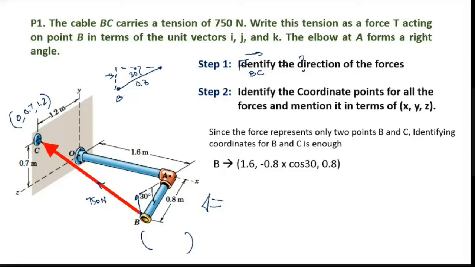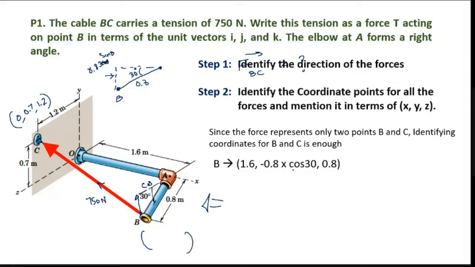So I have to identify this distance. This distance is nothing but 0.8 cos. Sorry, this is sine. The y-axis is sine and the z-axis is cos. So in that case, there is a difference. Your x-axis is 1.6.